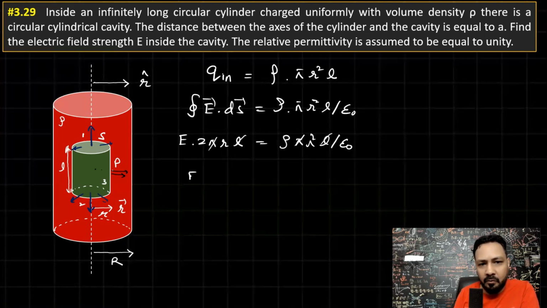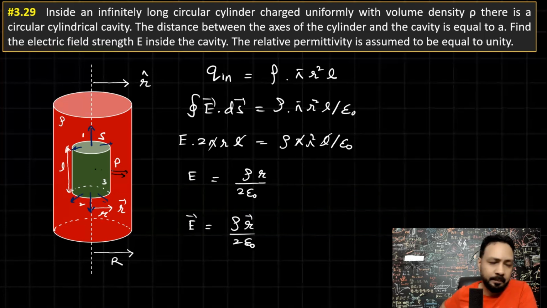So in magnitude, I get E equal to rho r by 2 epsilon naught. Because this electric field is along vector r, I can write this E vector in vector form as rho vector r by 2 epsilon naught.